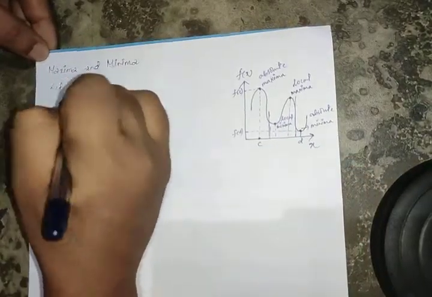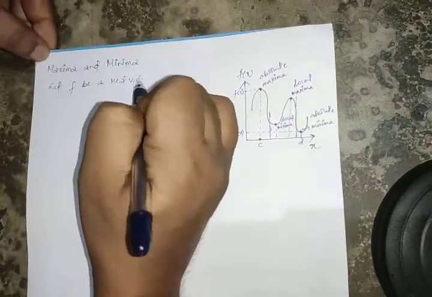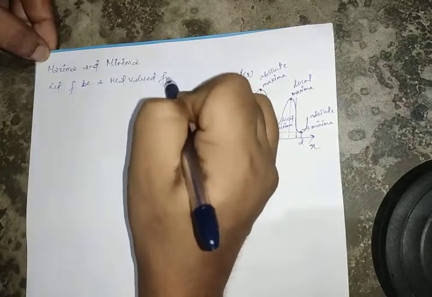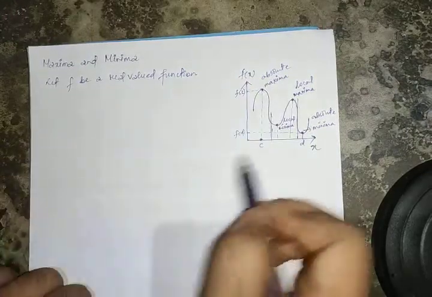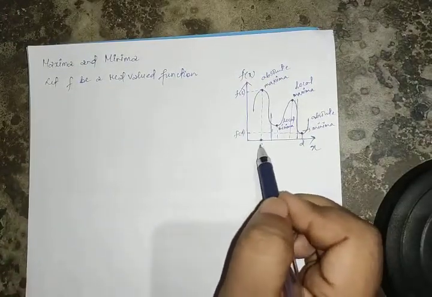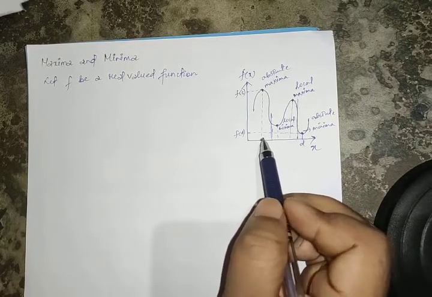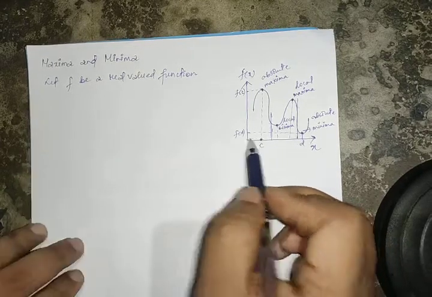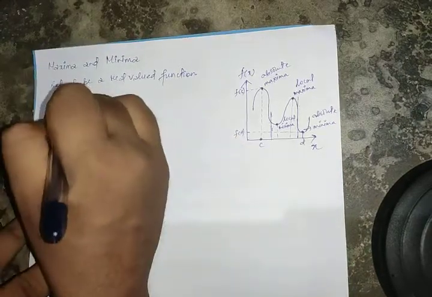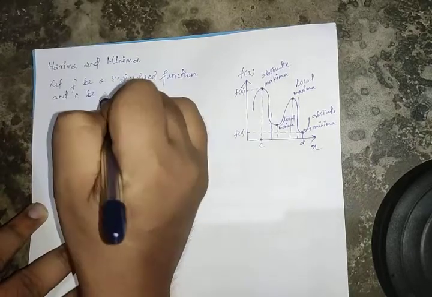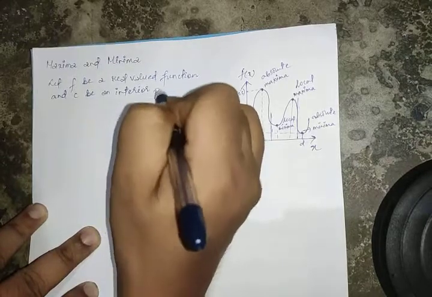Let f be a real valued function, and you can take C an interior point, you can take D also. I have taken for both maxima and minima. So first let us write for maxima. Let f be a real valued function and C be an interior point.